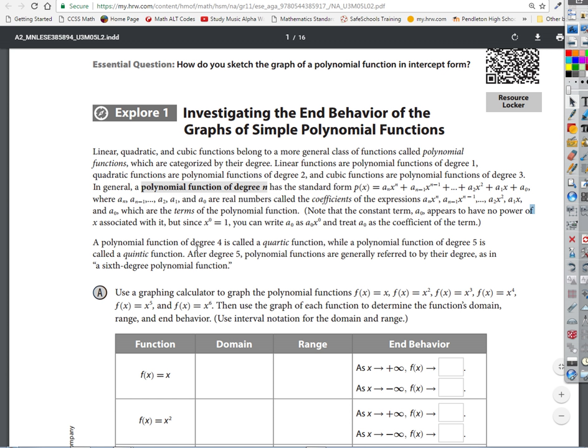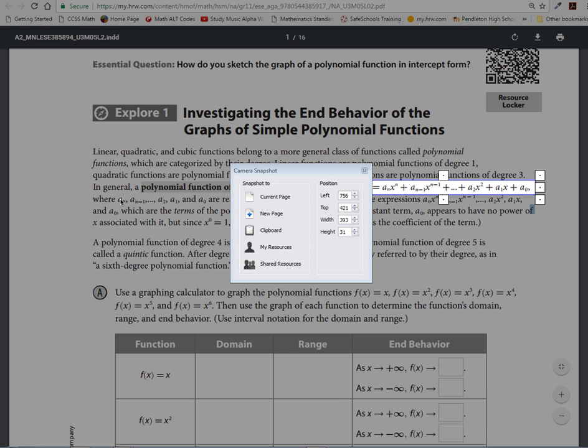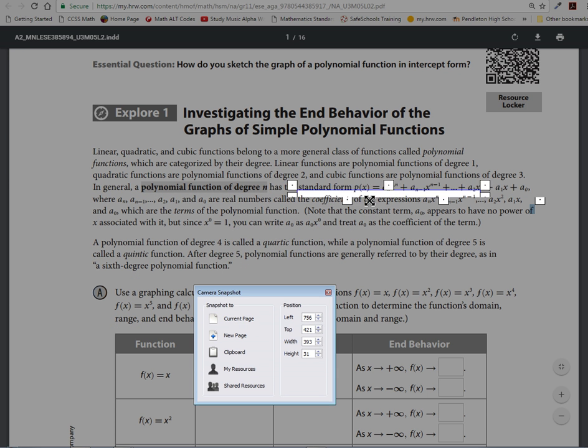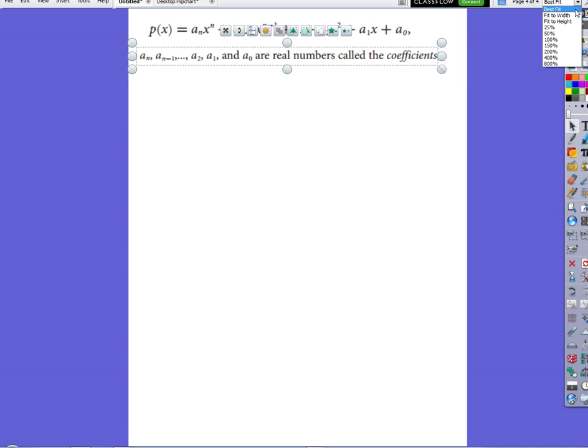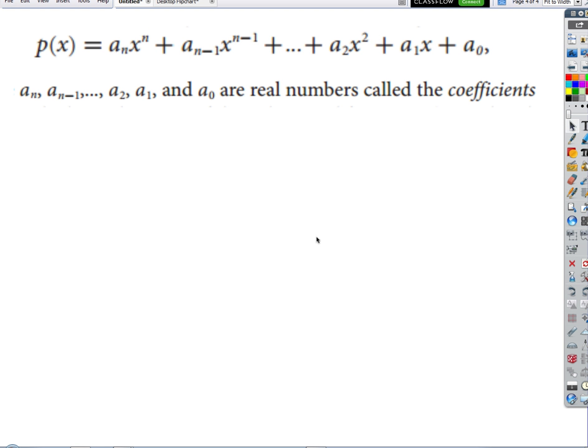So that's what a polynomial looks like. What does that mean?